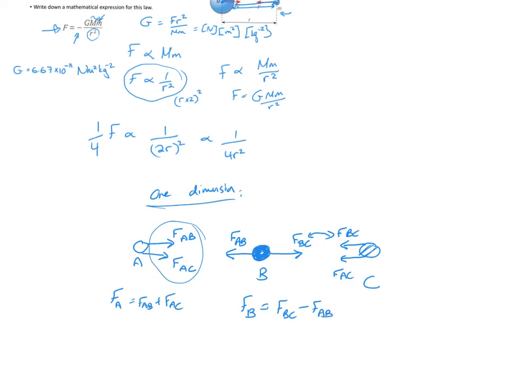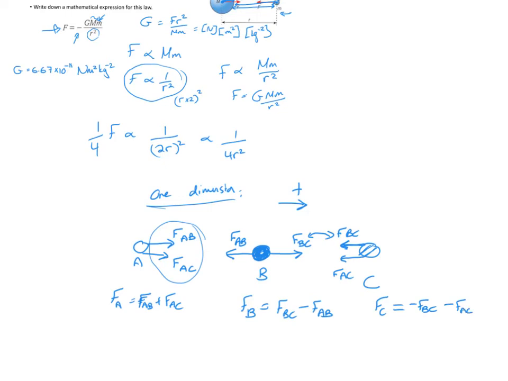By the way, I'm minusing it because I'm taking this direction to be positive, because I already took it to be positive for here. I will continue that standard of it, and I have to do it for all three objects in the same way. And then if we go to force on C, the resultant force on C, since they're in the opposite direction, will be minus FBC minus FAC.